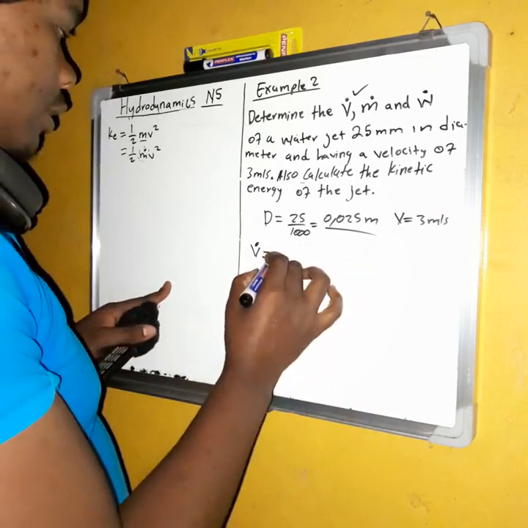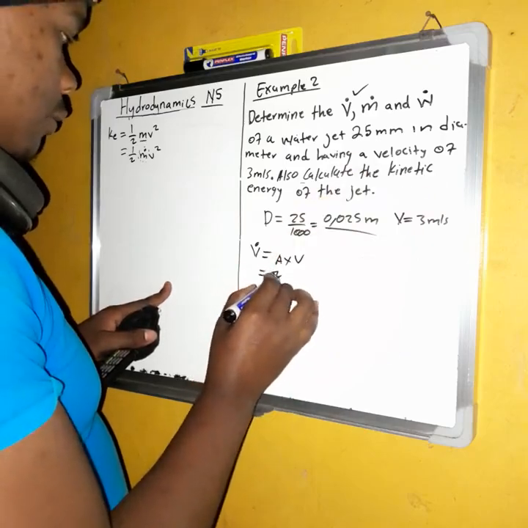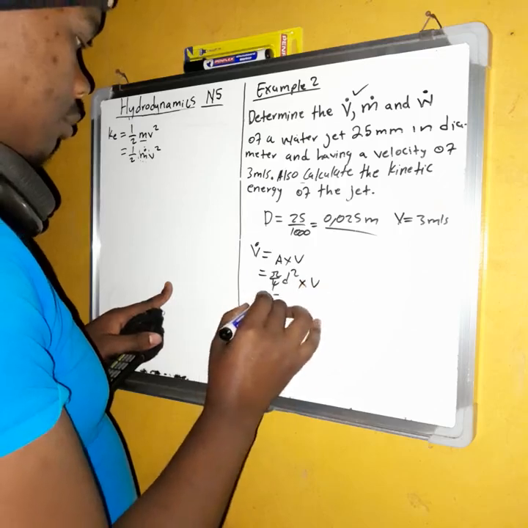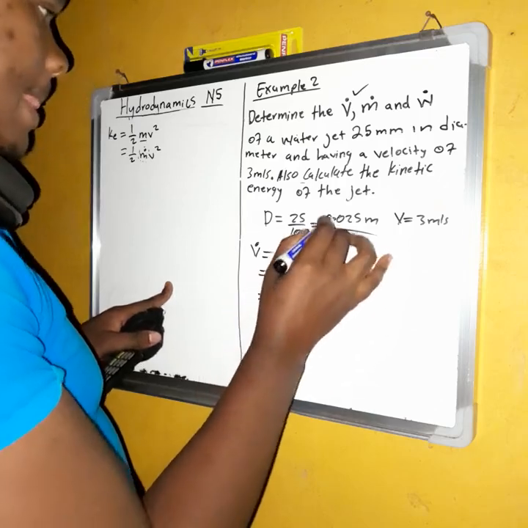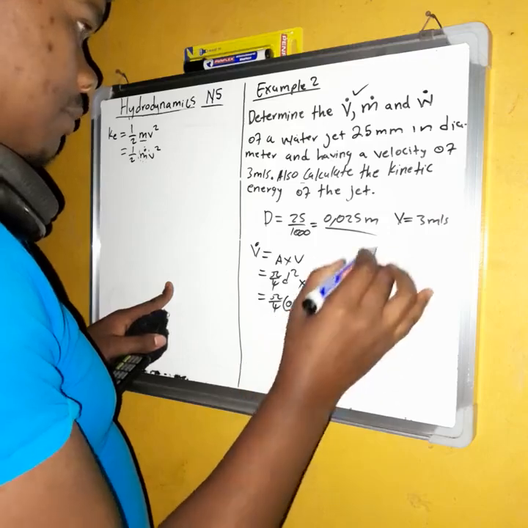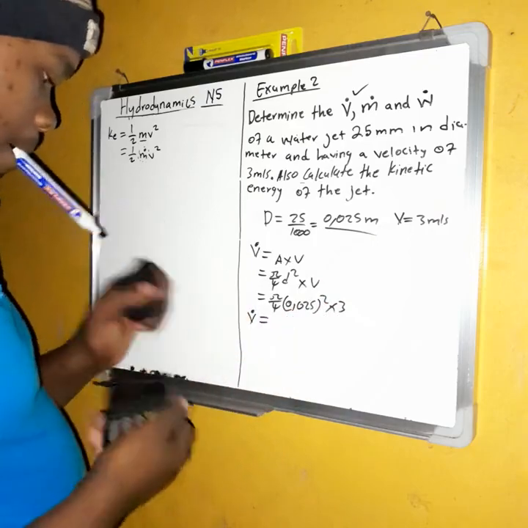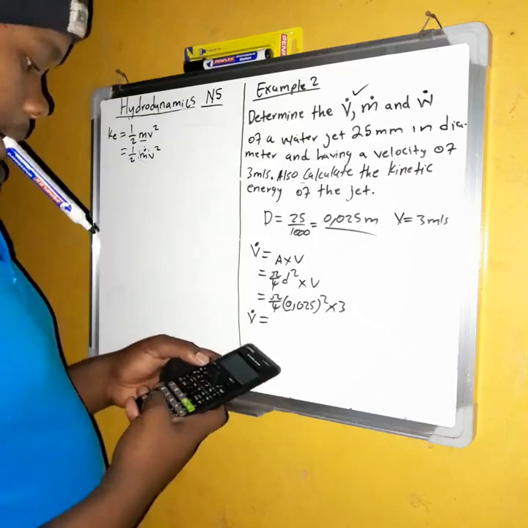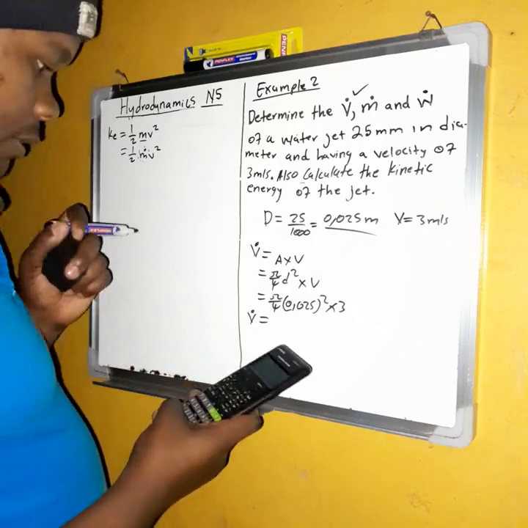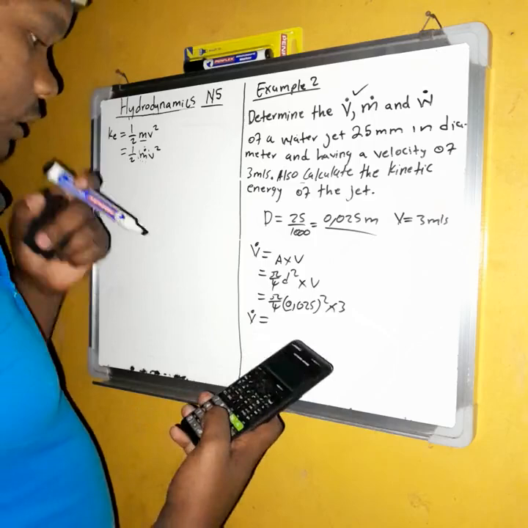So now this will be area multiplied by the velocity. Area is pi/4 d squared multiplied by v. The diameter is 0.025, you square that, and multiply by the velocity, which is 3.